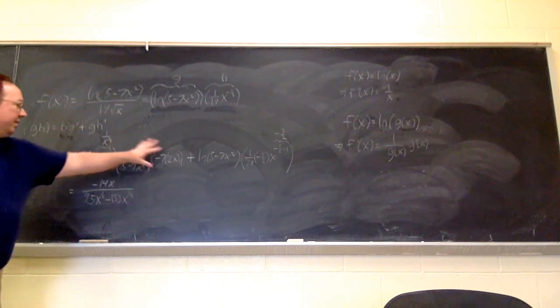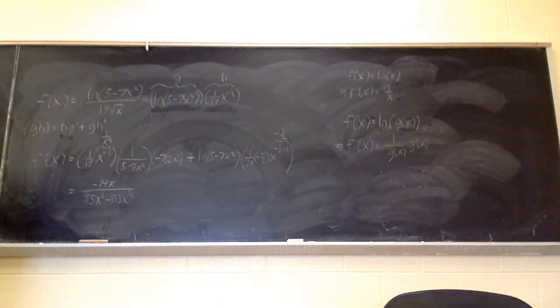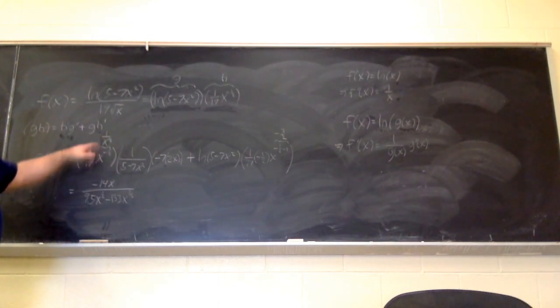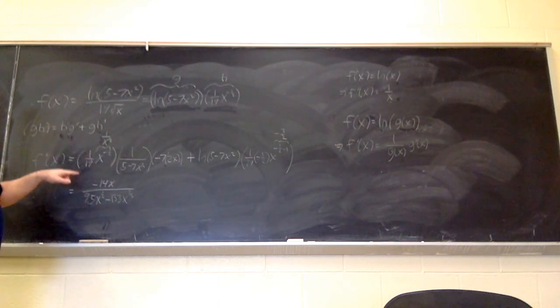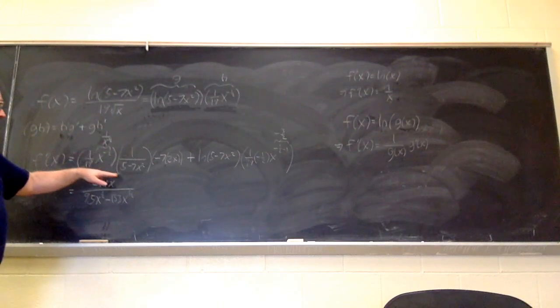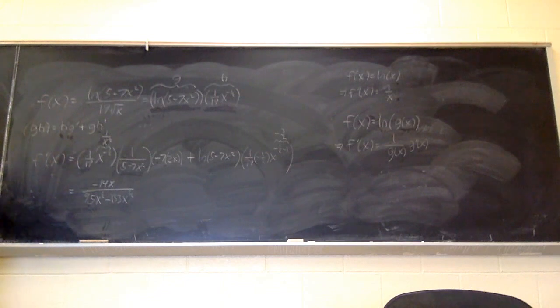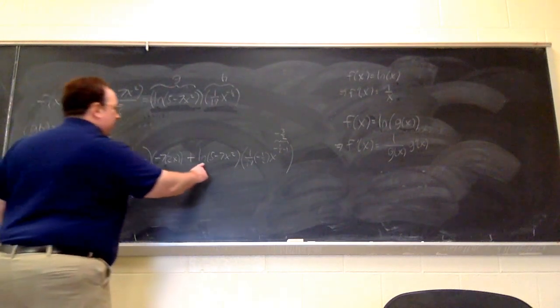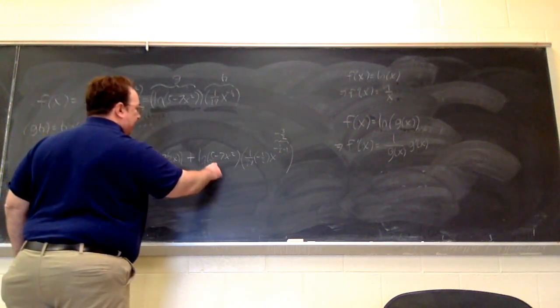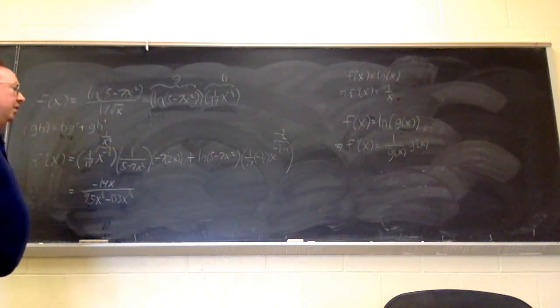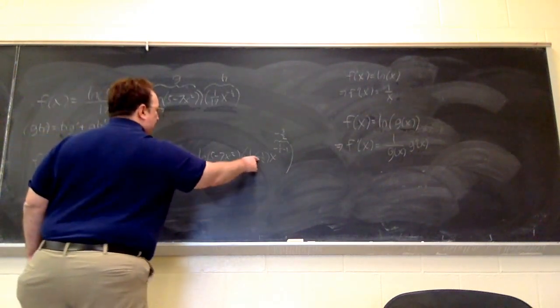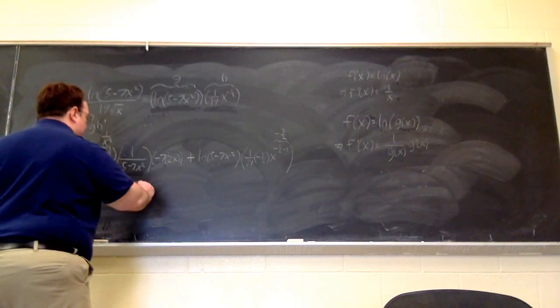So now I've rewritten all of this part. The key thing here was putting this back in the denominator as x to the plus 1 half in the denominator. So then I have 19x to the 1 half distributed through here. That's how I got this denominator right here. Now for the other term, I'm going to have natural log of 5 minus 7x squared in the numerator, and also have this minus 1 half in the numerator. So I'll have a minus out front.